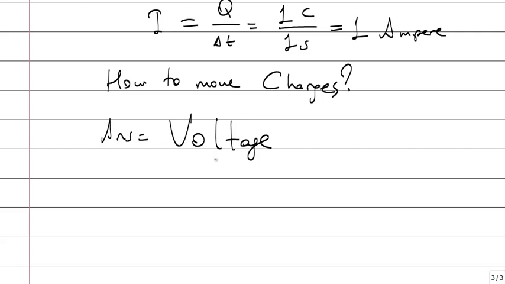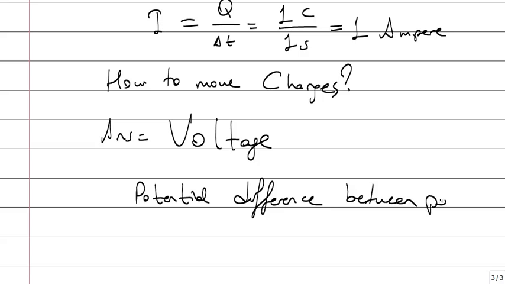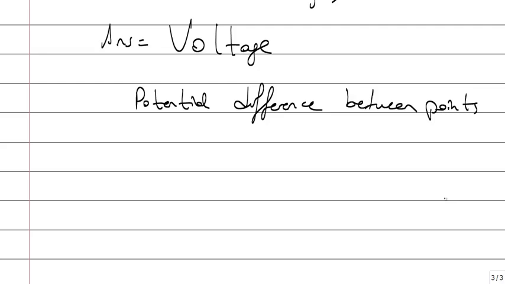So you need voltage, potential difference between points. That's a kind of potential energy. You can produce voltage via different techniques.